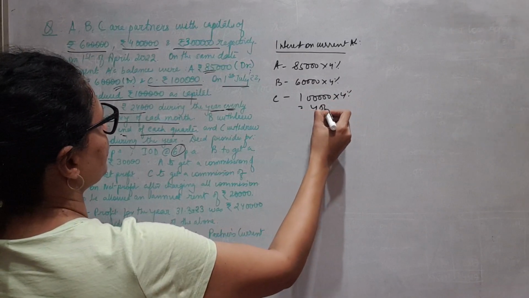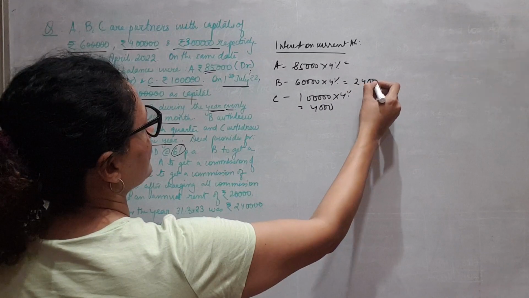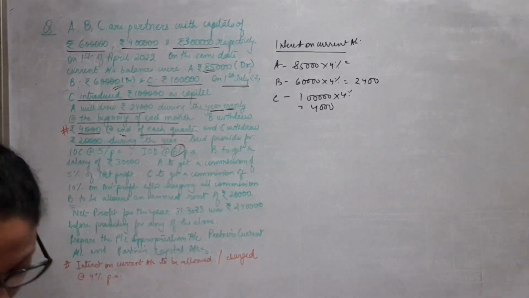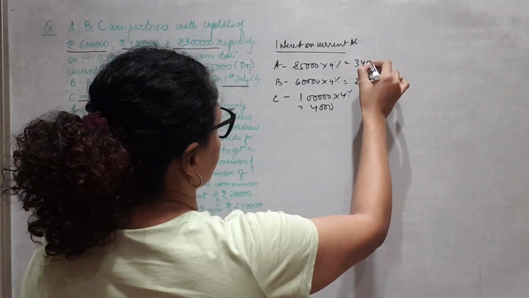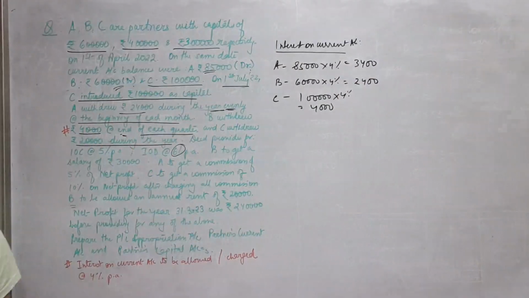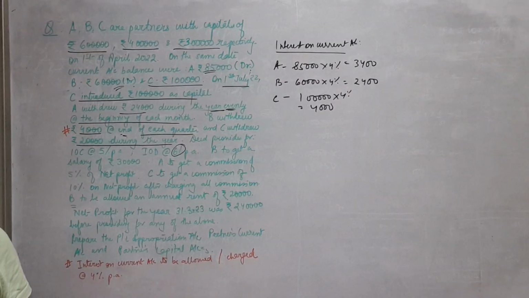This is straight away 4,000. 60,000, so 2,400, and 3,400 for A. These are your interest on current accounts respectively for A, B and C. Now come to commission.